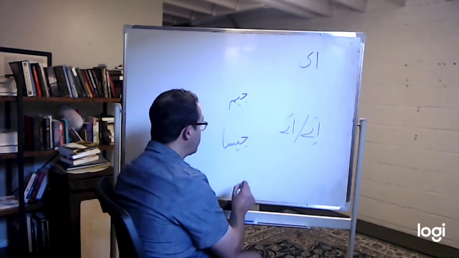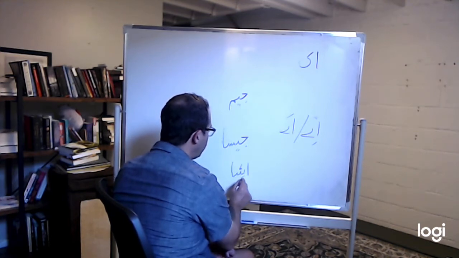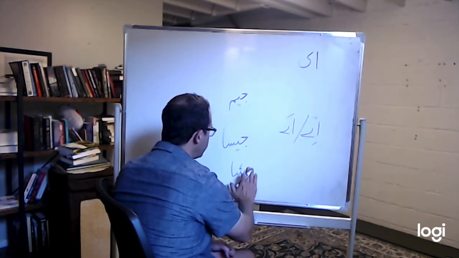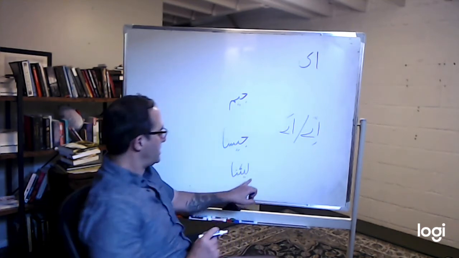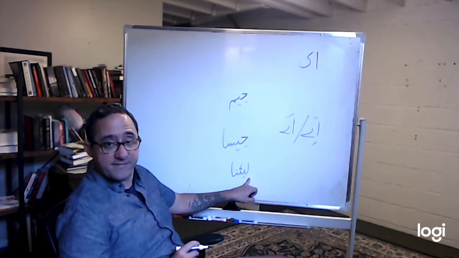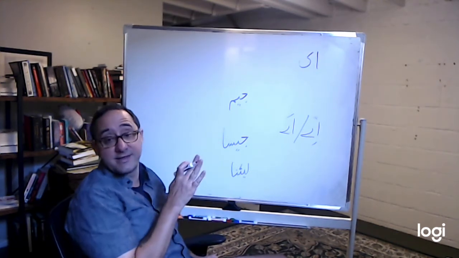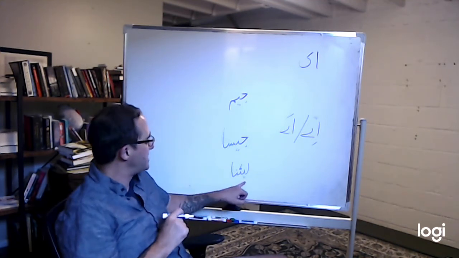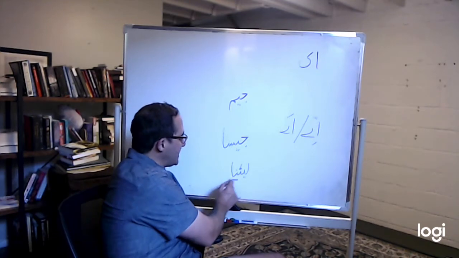Letna means to lay down. Letna. Notice this could look like an alef, right? But that's actually an L, and an L connects forward, unlike the alef. That's how you can tell the difference. Letna. What does it mean when there's an NA at the end?